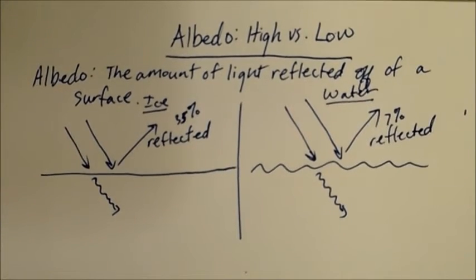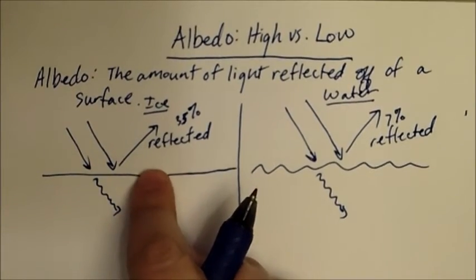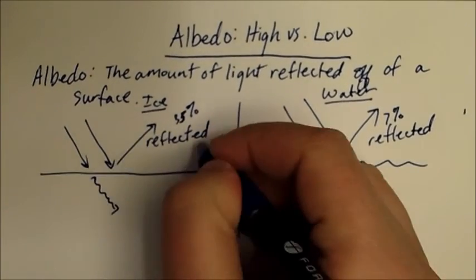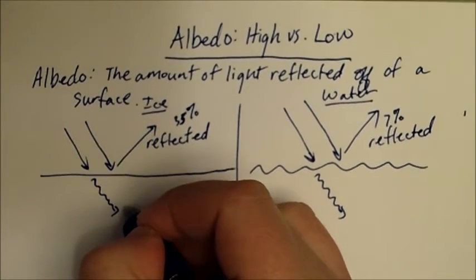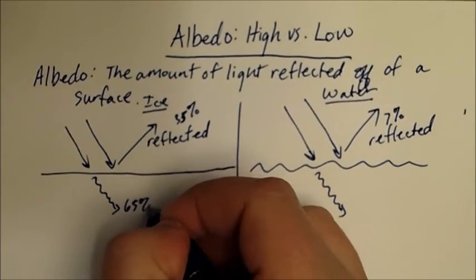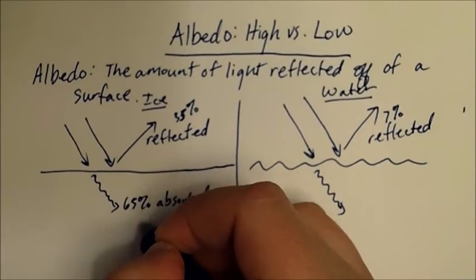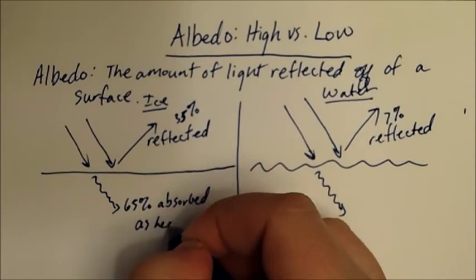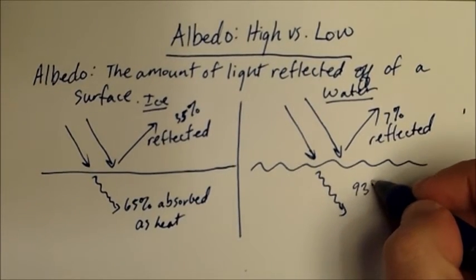It's quite a big difference there. Now, we should notice that there actually is still more light that is absorbed. So if we have 35% of light reflected, we have then 65% absorbed as heat.